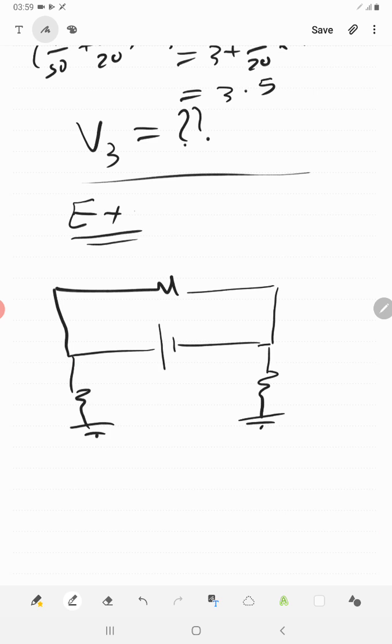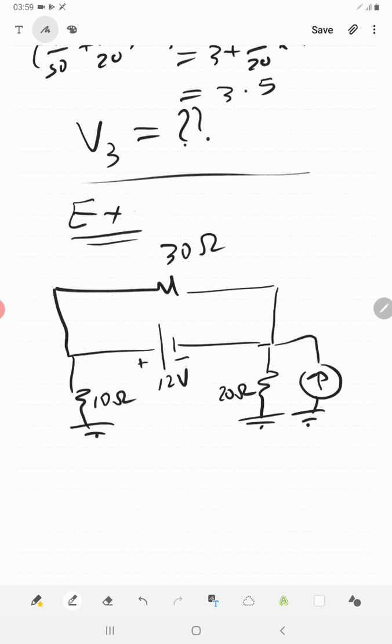Let's assume that we have a current source here. Let's give them some values. Let's say we have 10 ohms here, 20 ohms here, 30 ohms here. Let's give this a value of minus, say, 12 volts. And let's say here 5 amps.